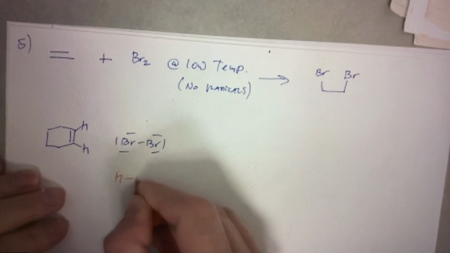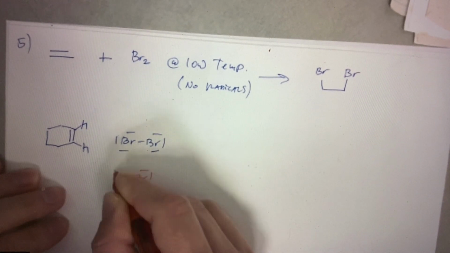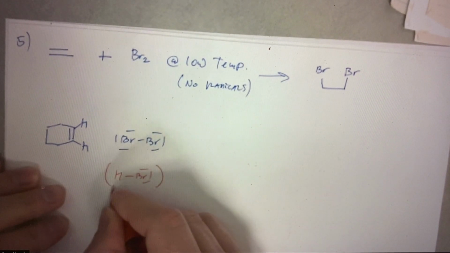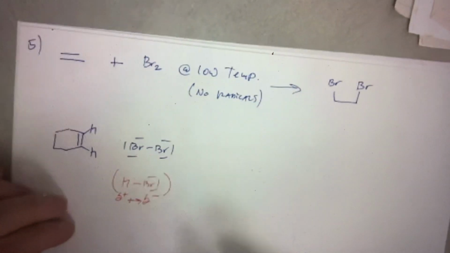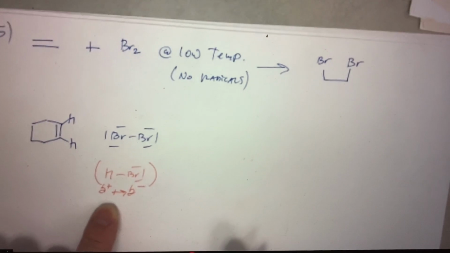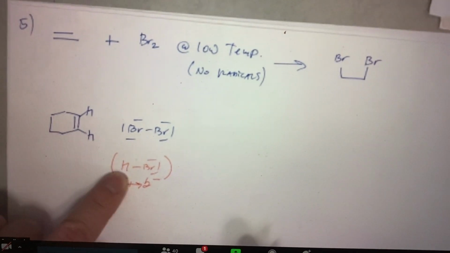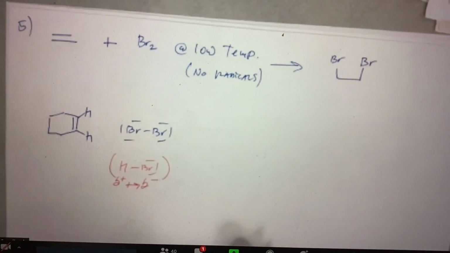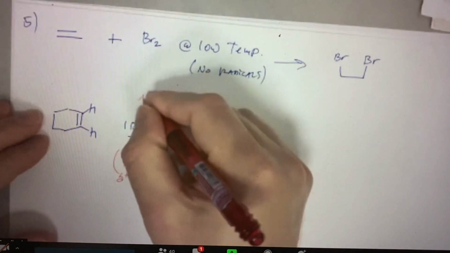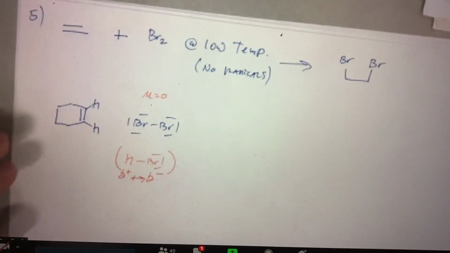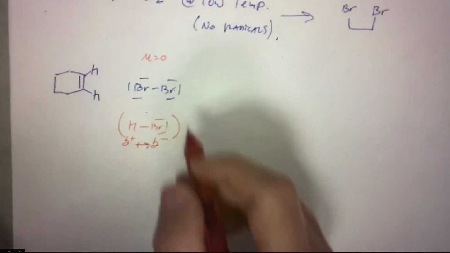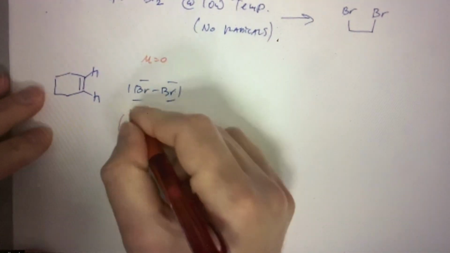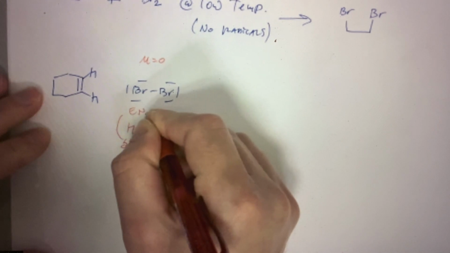When we had HBr, let's just put this in parentheses, we know that this molecule is polarized in this direction, so we could tell where these electrons would go. But this particular molecule has a dipole moment mu equal to 0. It's not polar, but bromine is very electronegative.